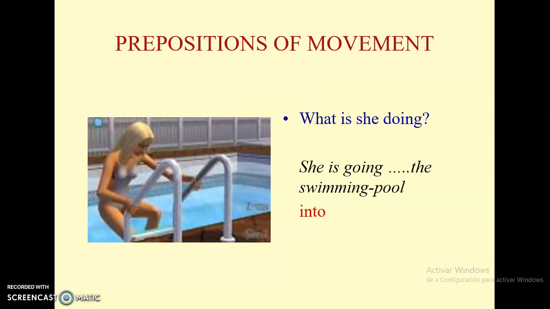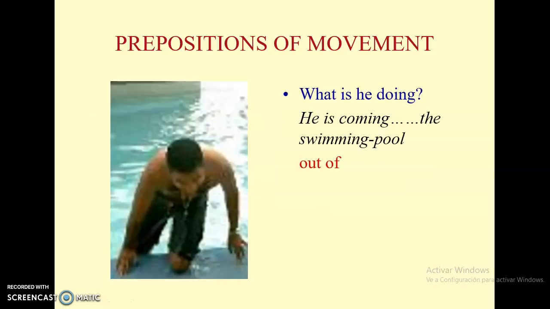For example, another preposition of movement is when we talk about entering a place, right? So what is she doing? She's going into the pool. It means that she's entering, so there is movement included. Another one would be out of.